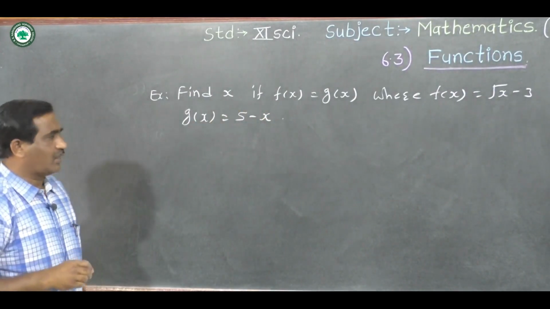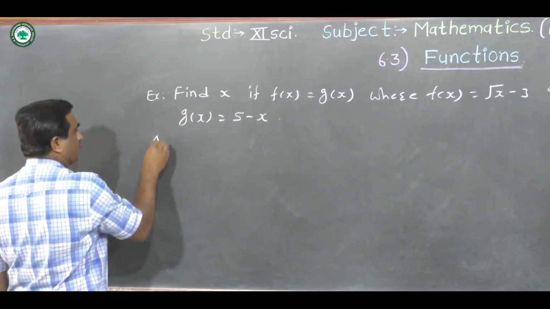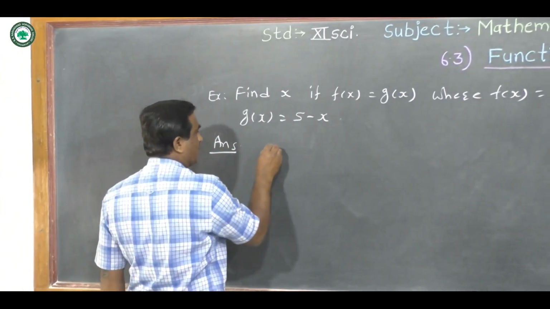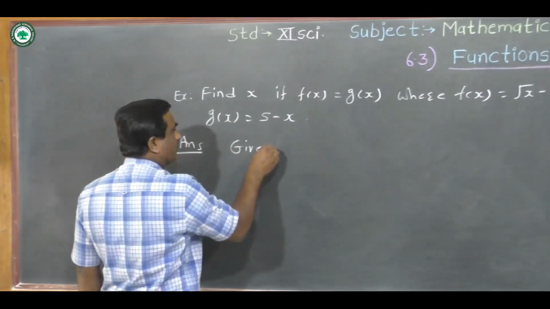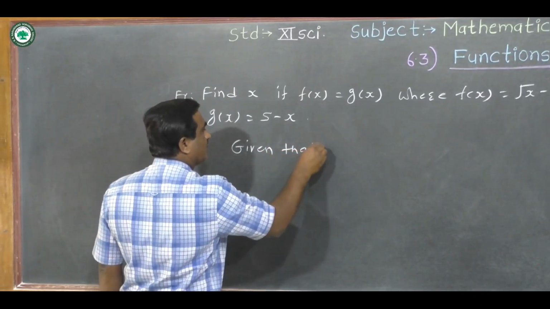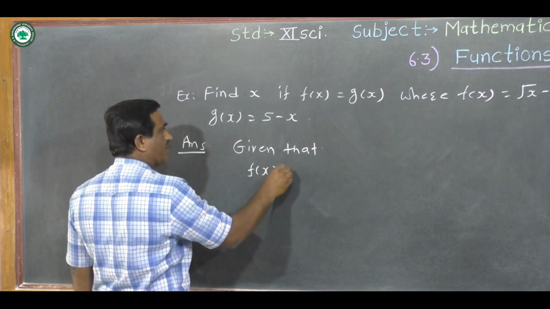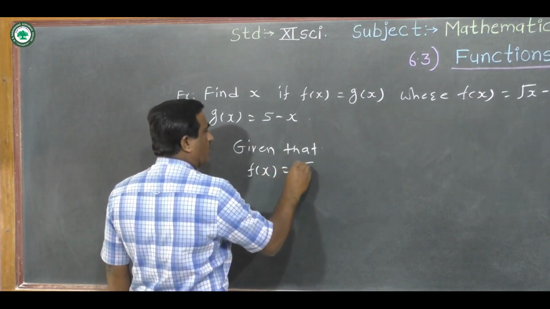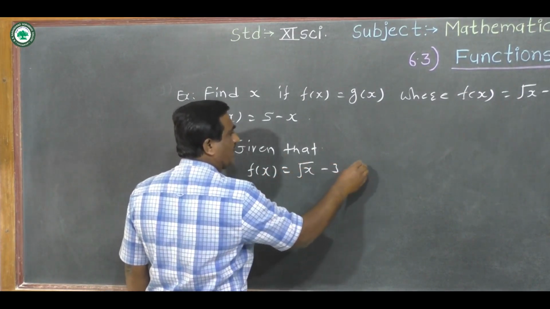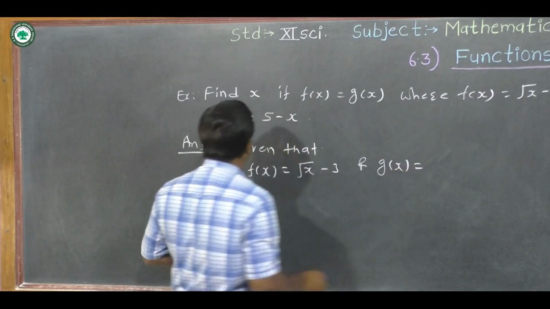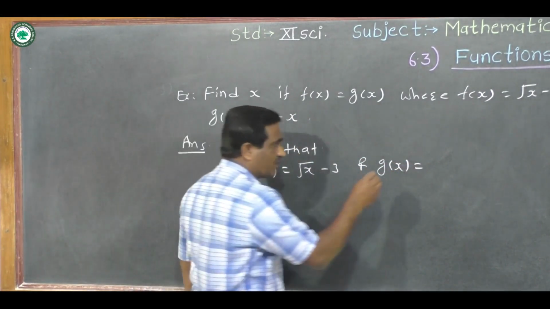Okay, now the answer for this example. Consider the given terms: the function f of x equal to under root x minus 3 and g of x equal to 5 minus x.